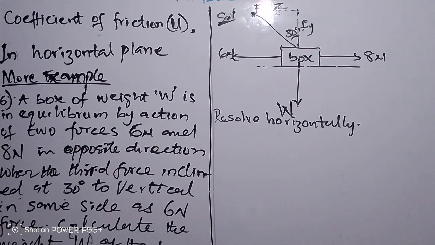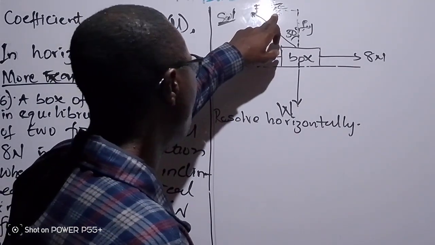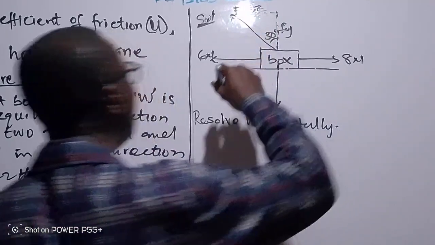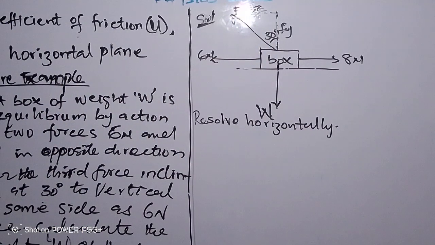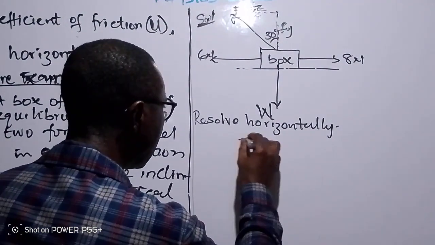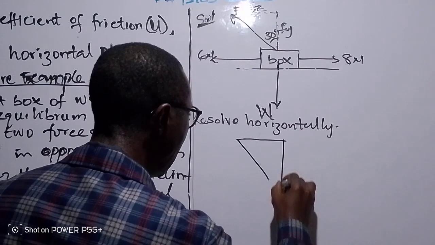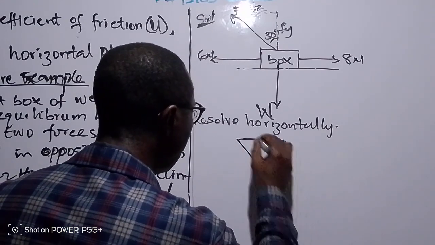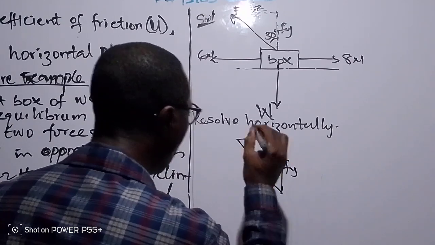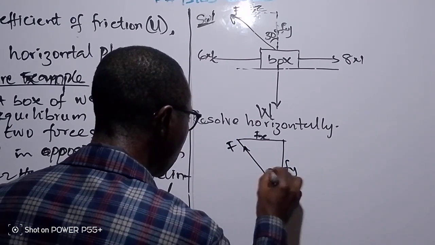But the first thing we need to do is resolve this F into its horizontal component, because this is the direction of this F. So let's draw it. That triangle, this is our F, then this is Fx, and this is Fy. This is our F that we don't know.